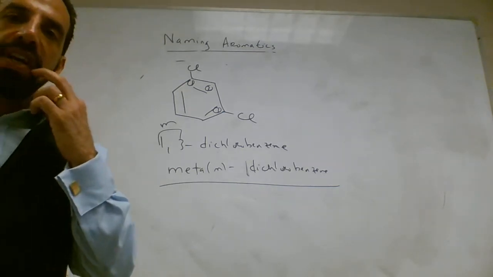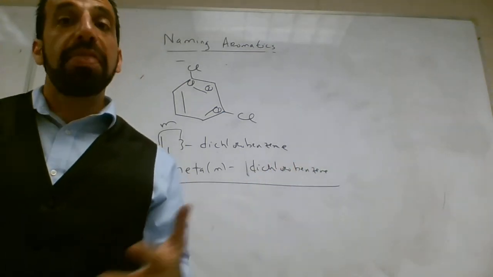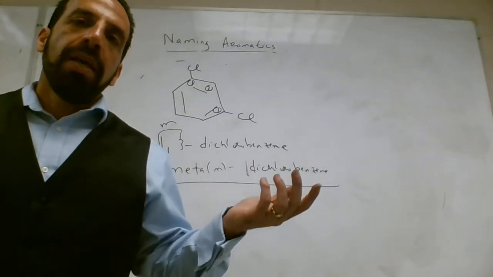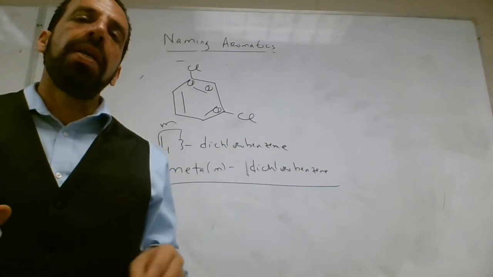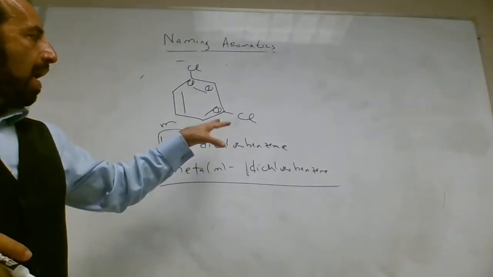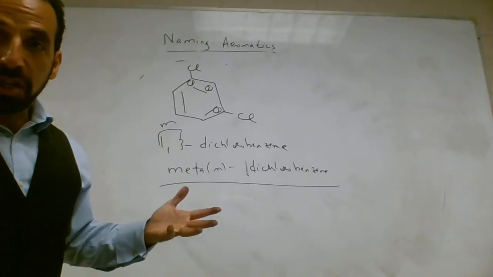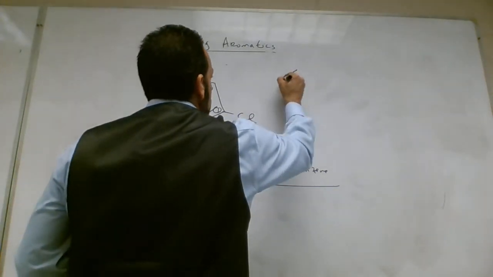So that 1, 3 position, I can also call that a meta position. So 1, 3 dichlorobenzene, same thing as meta dichlorobenzene. The last one, in terms of the common names for this.